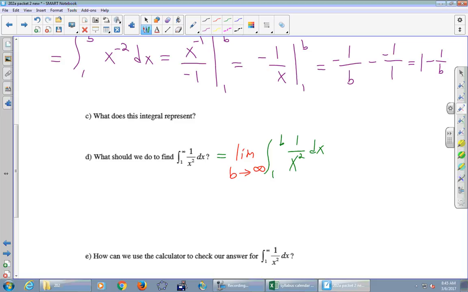That's how we deal with that issue. This thing here equals, copy that limit one more time. And then instead of that green integral, what did we discover? It's really 1 minus 1 over b, right? That's what we found for the original green integral there.